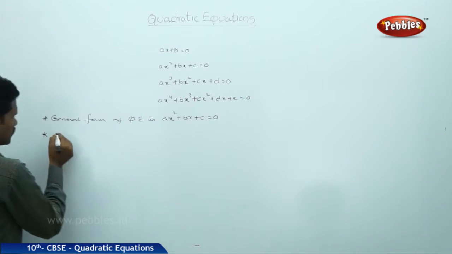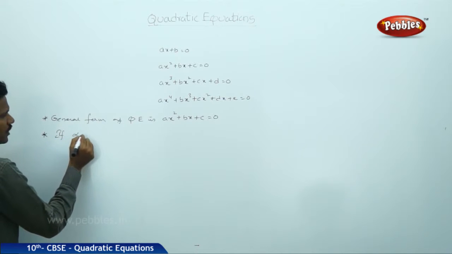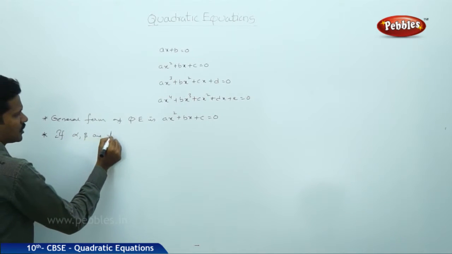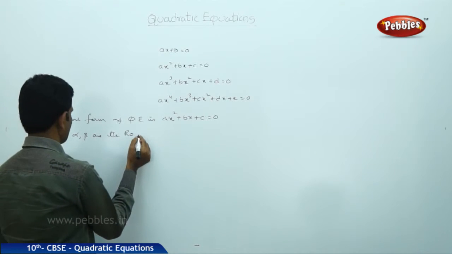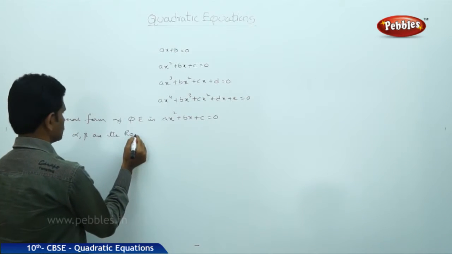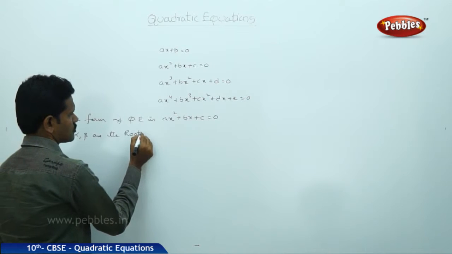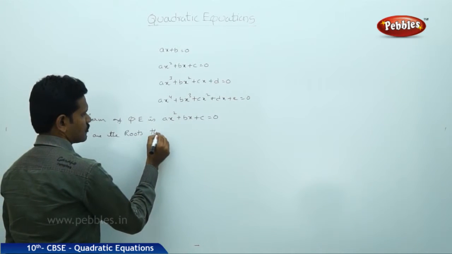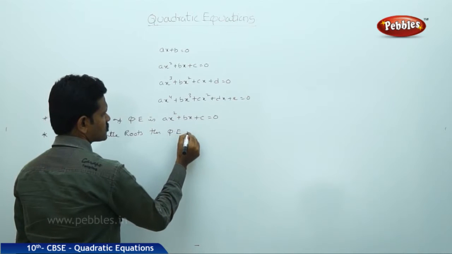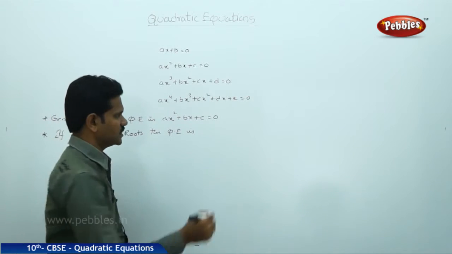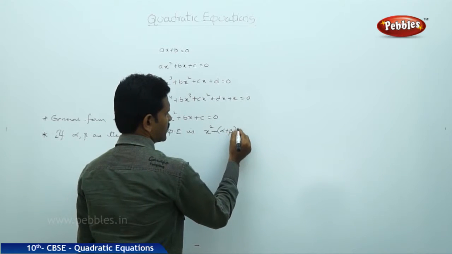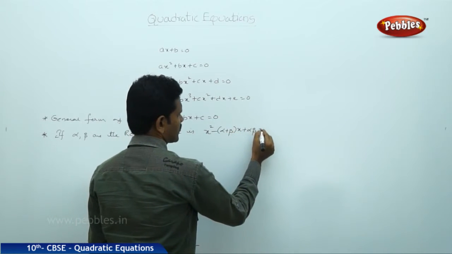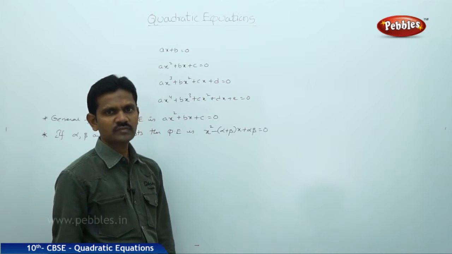That is, if alpha, beta are the roots, then the quadratic equation is x square minus (alpha plus beta) x plus alpha beta is equal to 0.